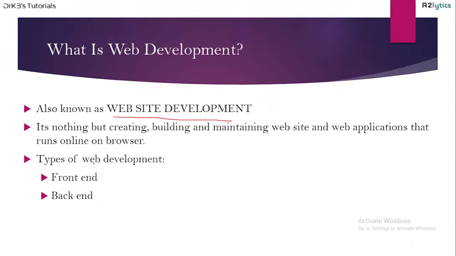Website development is nothing but creating a website, designing a website, building a website, maintaining that website, and developing three applications: a front-end application, a backend application, and third, a database application. So website development includes these three parts: front-end, backend, and database application.